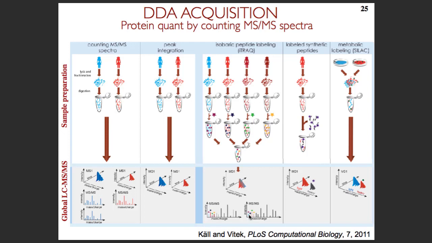We don't have chromatographic peaks anymore. We have MSMS spectra. So we have to quantify essentially those reporter ions. But most importantly, in order for us to have this quantification, this precursor peak has to be selected for fragmentation, and the MSMS spectrum has to be identified. And this introduces a lot more stochastic variation in the data than any type of experiments that we had before.